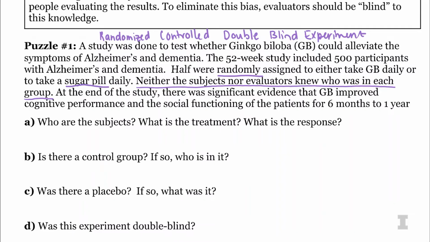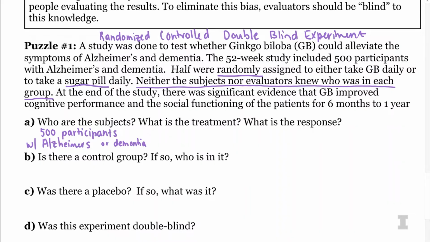The first part says, who are the subjects? The subjects are just the people in the study. So in this case, I'm going to say they were the 500 participants, and it said that they all had either Alzheimer's or dementia. So those are my subjects. Then it asks what's the treatment and what's the response.